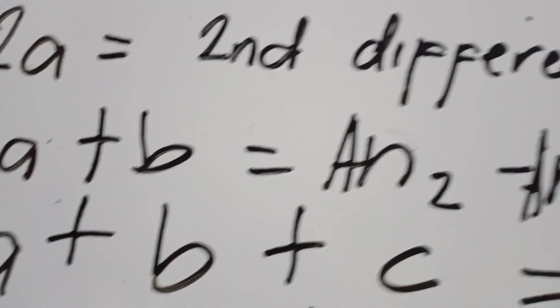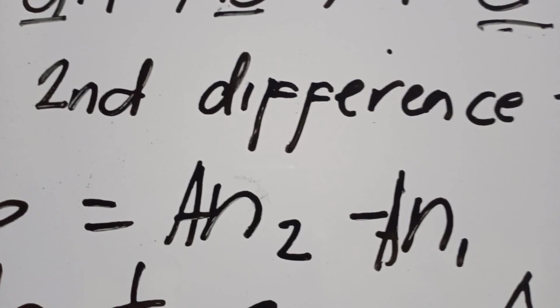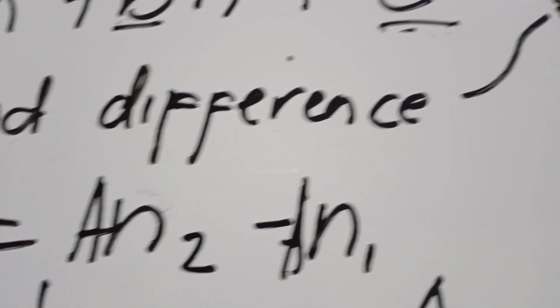Then the second equation: 3a plus b is equal to a sub 2 minus a sub 1.